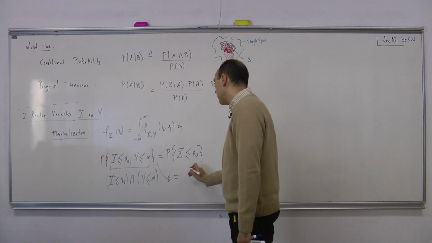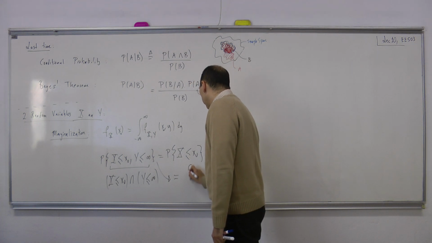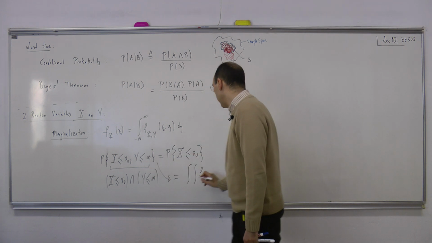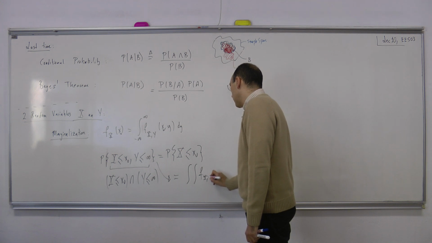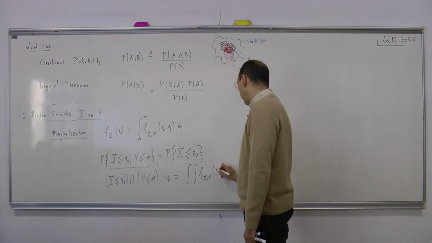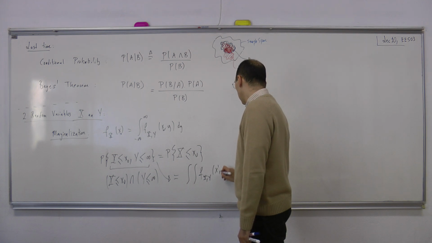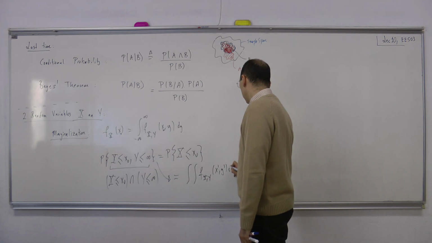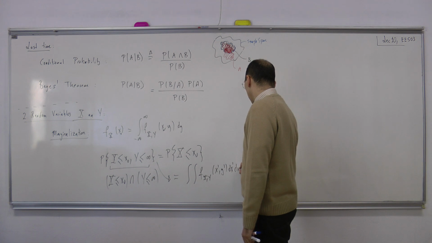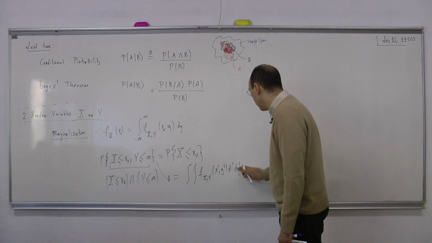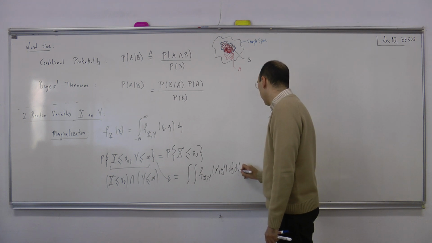Well, I can say that this is nothing but the area, because it's a probability. It's not the area, sorry, it's the volume under this, or let me move this y, let me interchange.